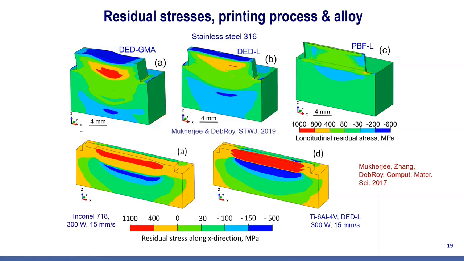We can also look at the stress distribution in different materials, like Inconel 718 and Ti-6-4, and we can compare the residual stress distributions for different conditions.